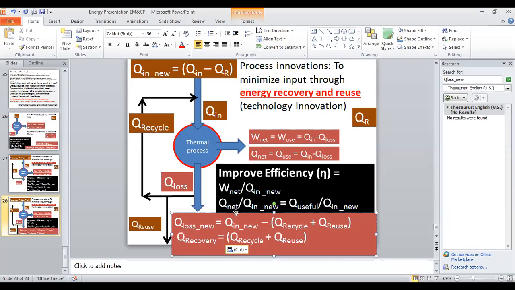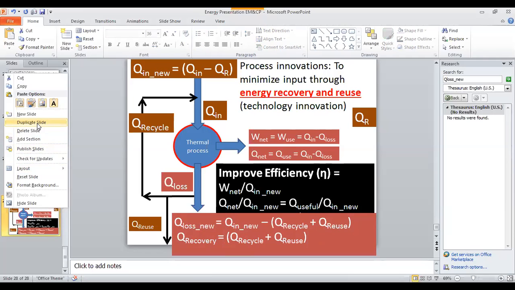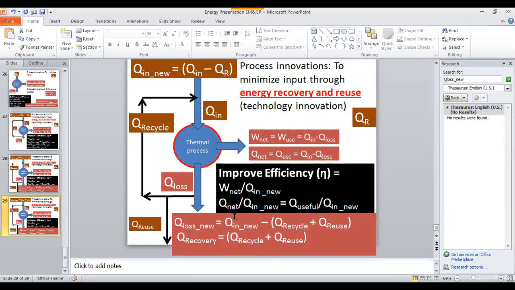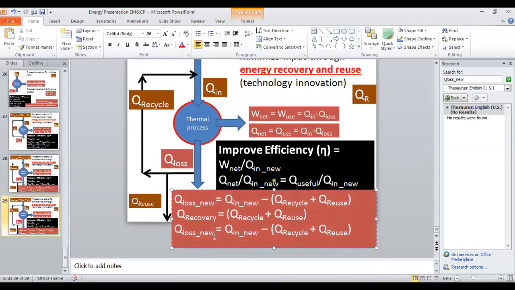And as a result, let me duplicate the slide. As a result, you can see here Q loss new means Q in new minus Q recovery.